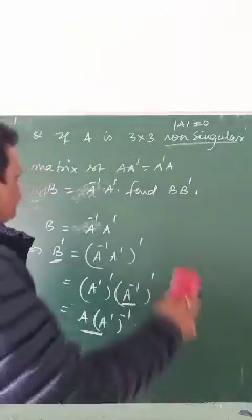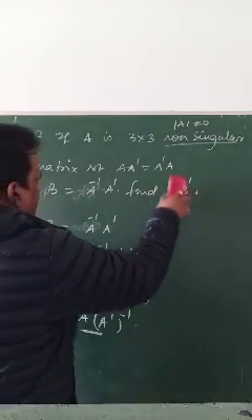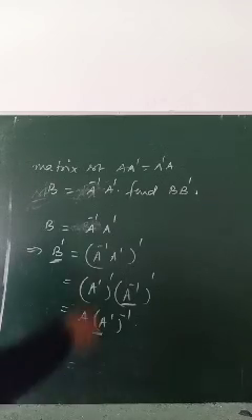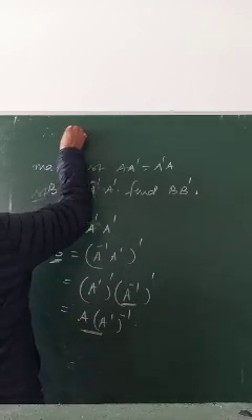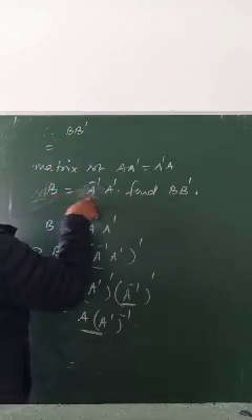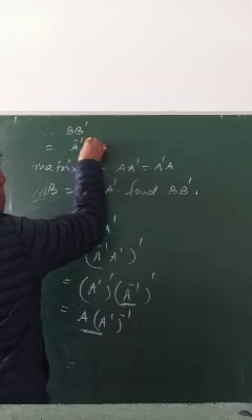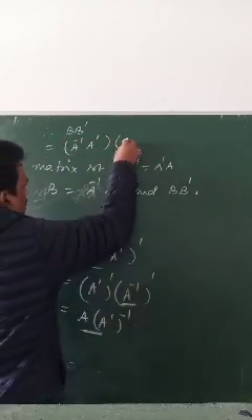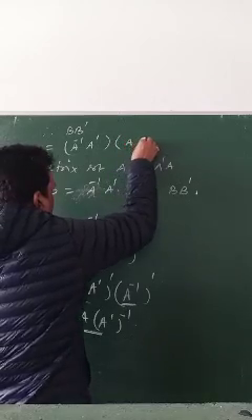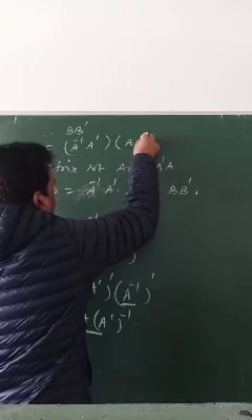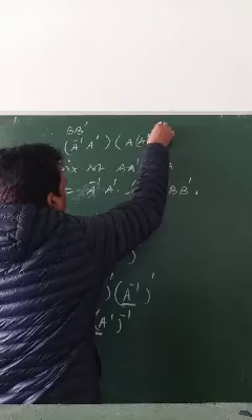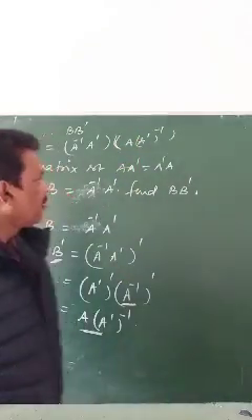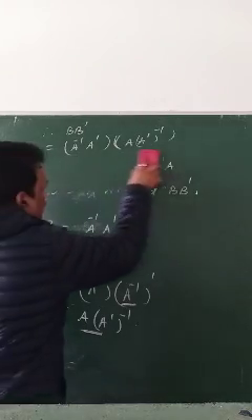Okay, then you want to find BB transpose. Therefore BB transpose, B what shall I write? A inverse A transpose. B transpose is A transpose inverse. Okay, let's combine. How to combine?